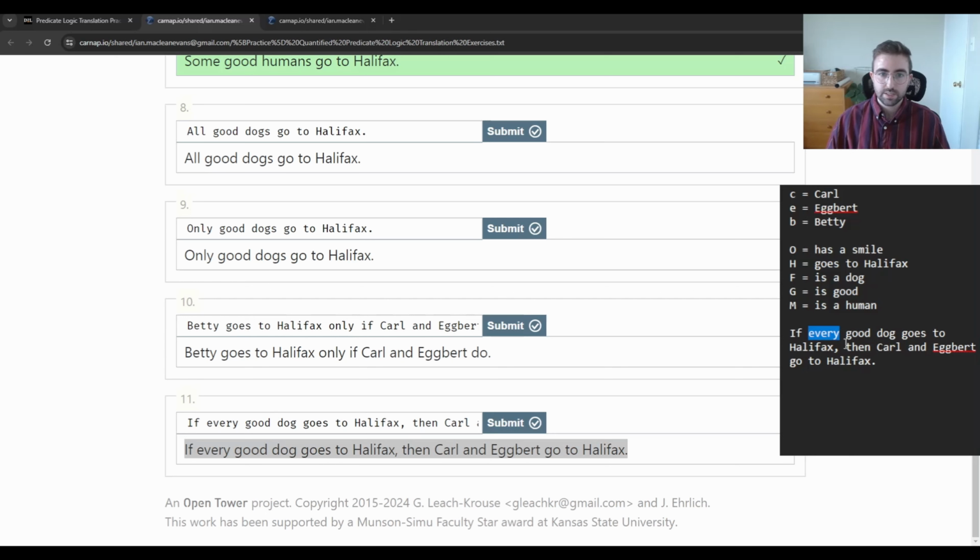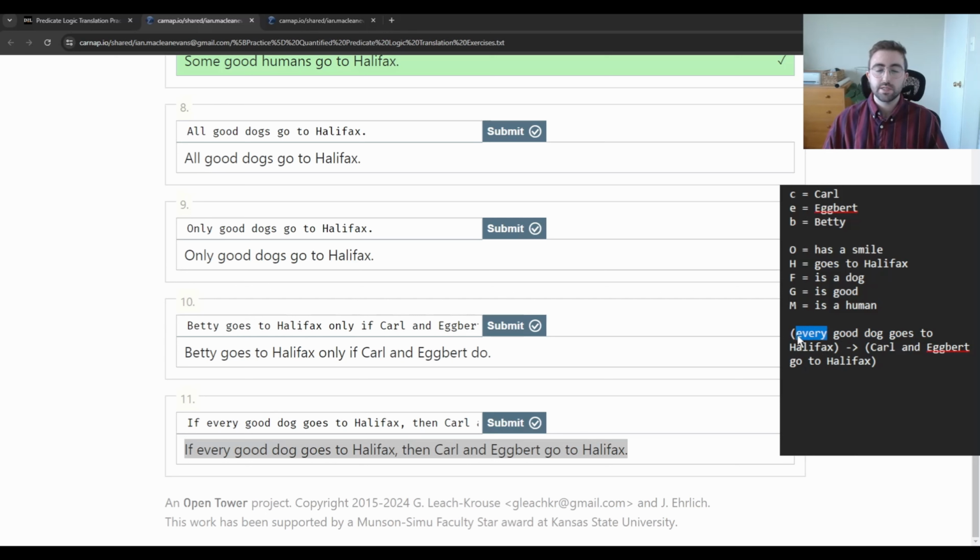I guess first let's translate. Yeah, it's probably easier if we just translate this arrow claim first, right? And then we'll put brackets around our parts. Okay, good. So let's start with this left half. So we have every good dog goes to Halifax, right?